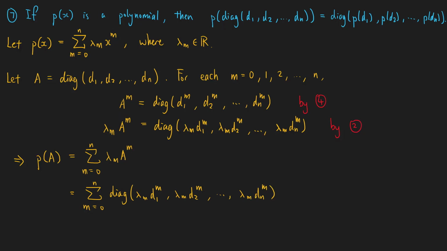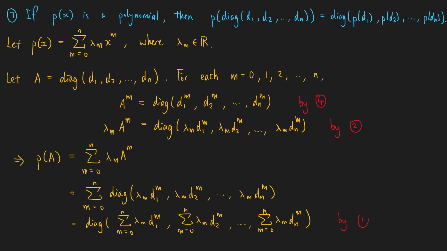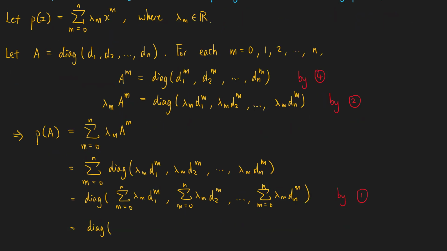This is a sum of diagonal matrices, so by the first property, we have the diagonal matrix with main diagonal entries, the sum of lambda m times d1 to the m, the sum of lambda m times d2 to the m, up to the sum of lambda m times dn to the m, where each sum is from m equals 0 up to n. Observe that the sums are values of the polynomial at d1, d2 up to dn.